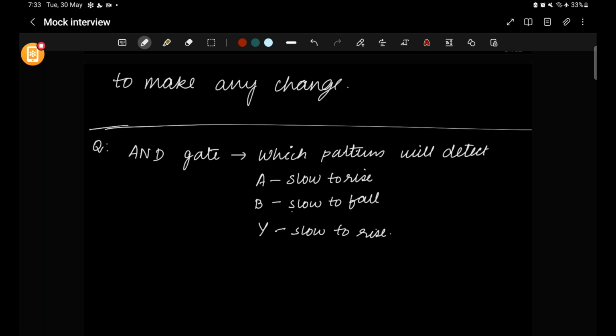Hello, ma'am. Yes, Rahul. Yeah, ma'am. At net A, 0,0 and 0,1, we can detect slow to rise. This is A and this is B. Okay, this is for A slow to rise. Okay, so for B slow to fall.